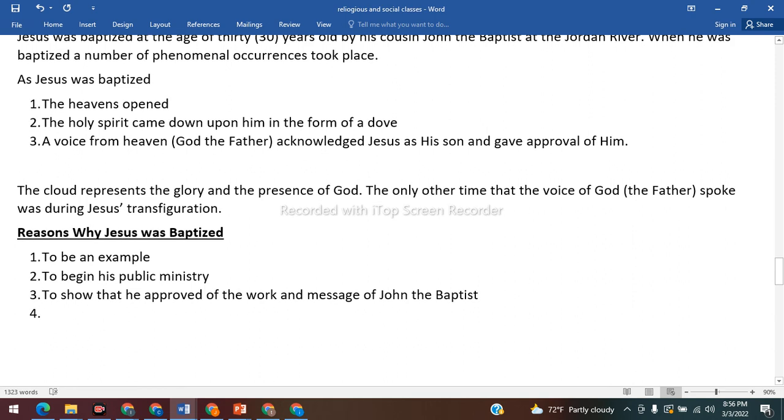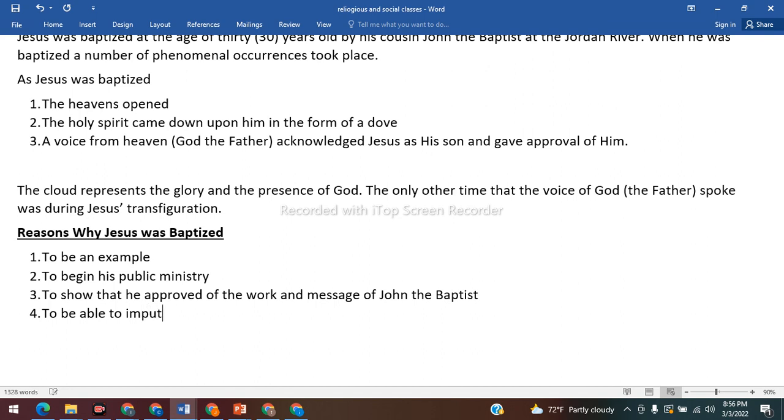He also got baptized to, this is an interesting one, a deep one, to be able to impute. Let me see how I can say it.